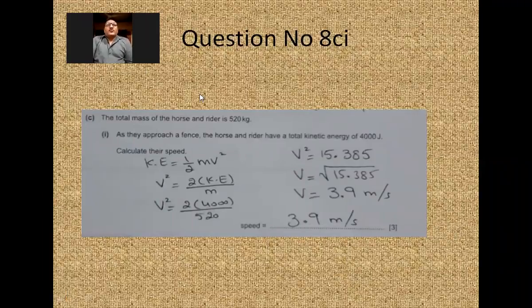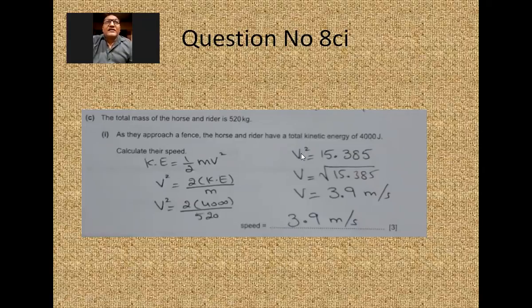On your screen, I have written that the kinetic energy is equal to 1/2 mv squared. If you make v squared alone, the 2 goes to the other side, multiplied with the kinetic energy: 2 multiplied by kinetic energy divided by m. Just put the values there. v squared will be equal to 2 multiplied by 4,000 divided by 520.